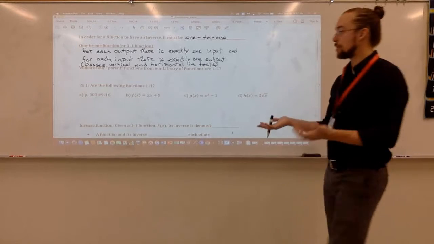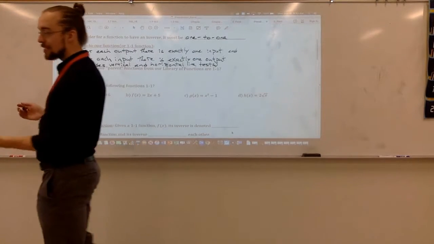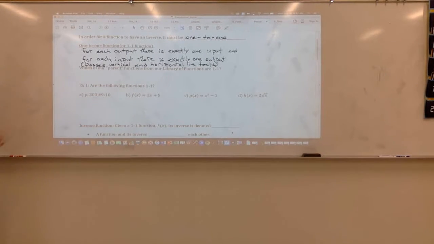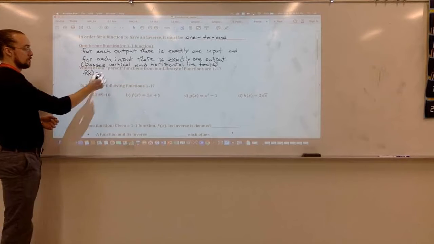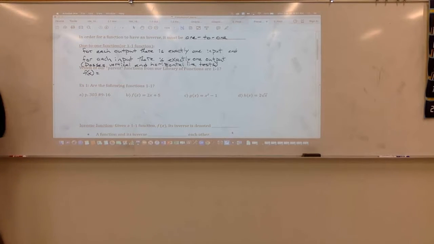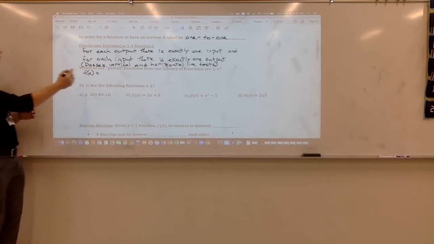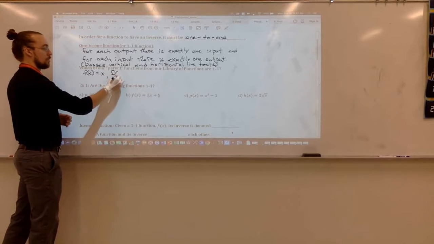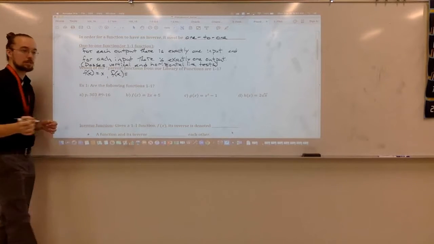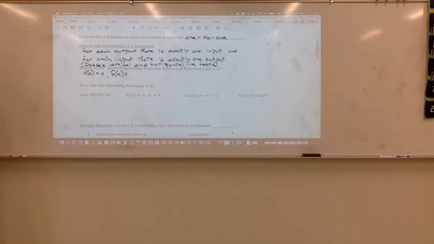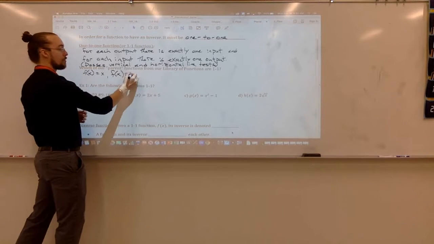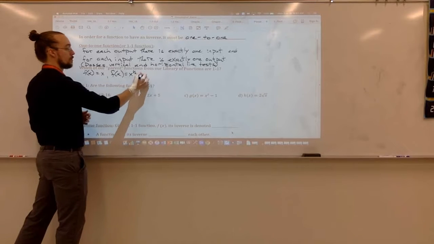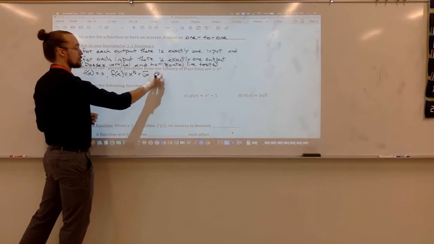So which ones are one-to-one? Which ones pass both the horizontal and vertical line tests? Give me one. f of x equals x. What else? x to the 1/2, or, I'm sorry, it's square root of x, not x squared.